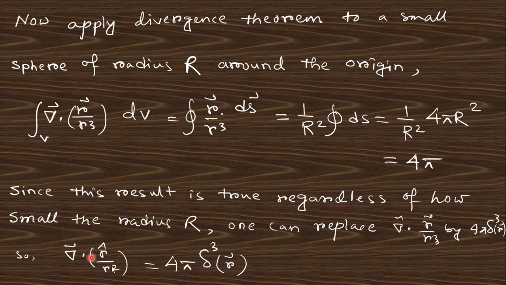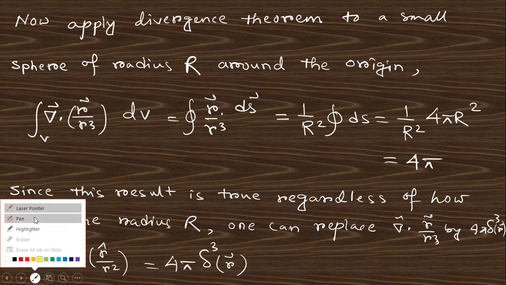So in the final you can write this, because when r equals to 0 this becomes 4 pi, and when r not equal to 0 this becomes 0, right? That's why we use this three-dimensional delta function, because this function is 4 pi when r equals to 0, and equals to 0 when r not equal to 0.